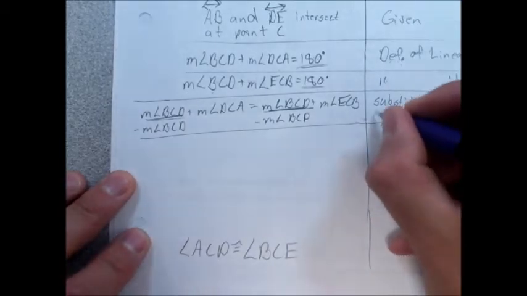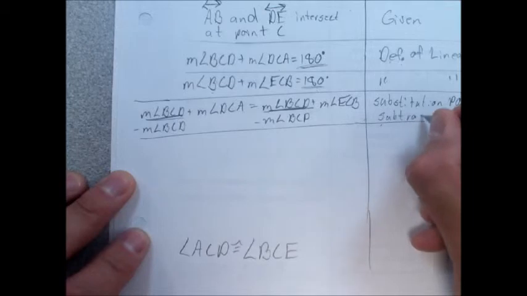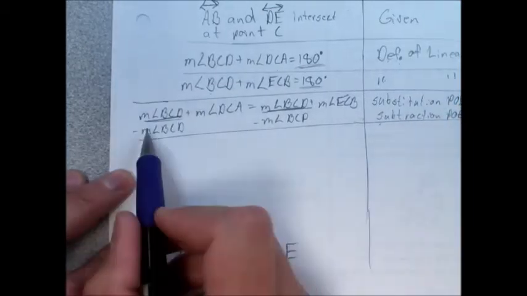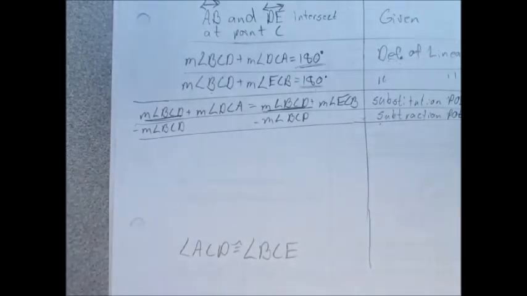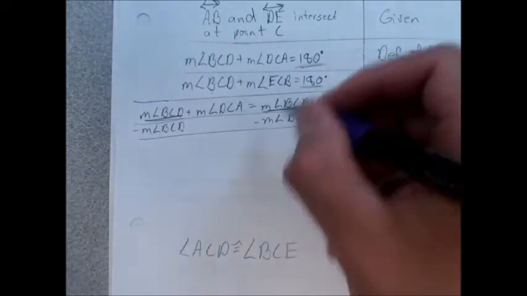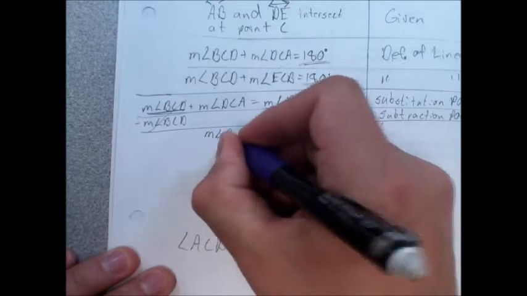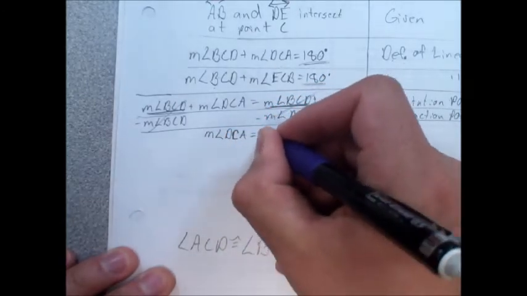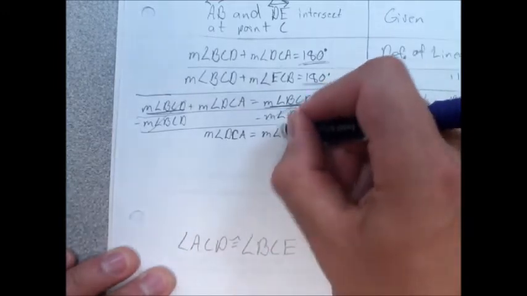So the next step here is the subtraction property of equality. That is what allowed me to do the subtraction from both sides. These two go away now. All I'm left with is the measure of angle DCA being equal to the measure of angle ECB.